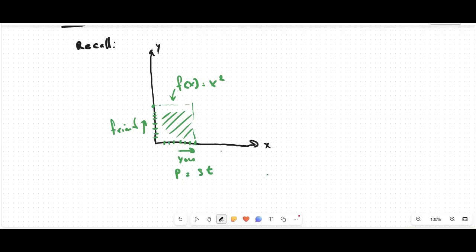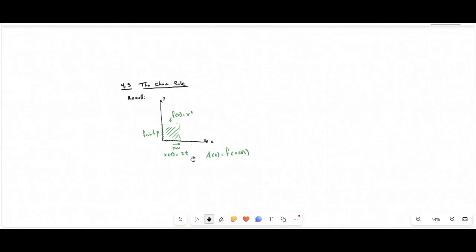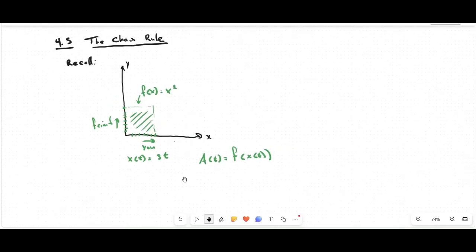Then the area at a given time as a function of t is equal to this function f. I want to change something, sorry. Instead of p here, let's call this x of t, which is st squared.